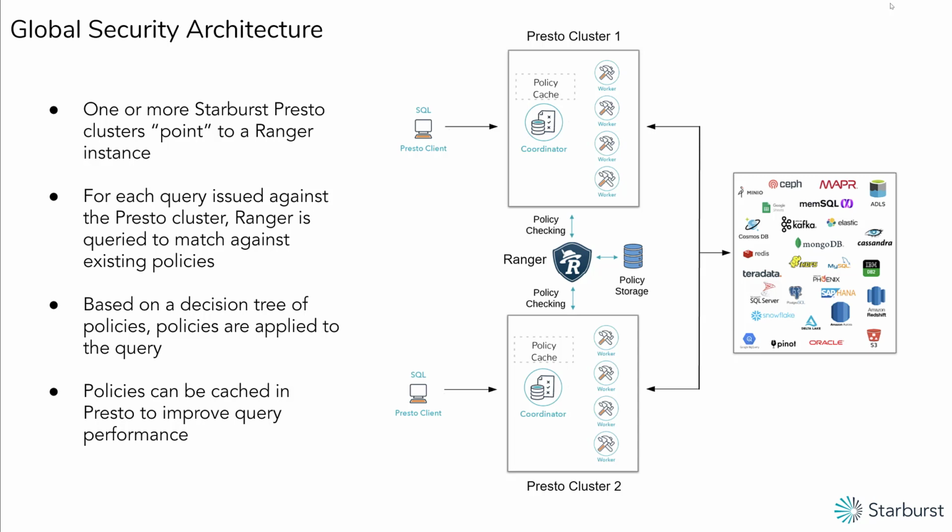For every query that's issued against a Presto cluster, Ranger is queried to see if there are any policies that match this data source. If there is, there's a decision tree that we'll go over for how these policies are applied to the query. In addition, for performance, these policies can be cached in Presto to improve query performance. Let's say you have a very busy system with thousands of users; you don't want to be querying this Ranger instance for every single query. So there's some caching available as well.